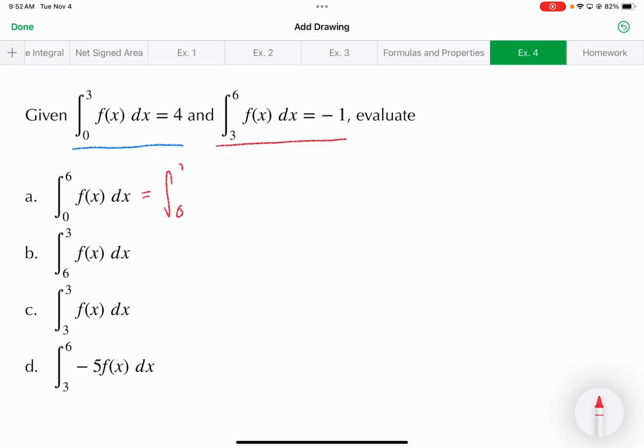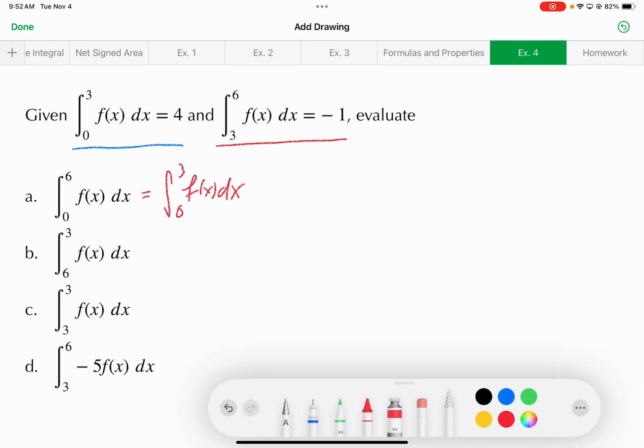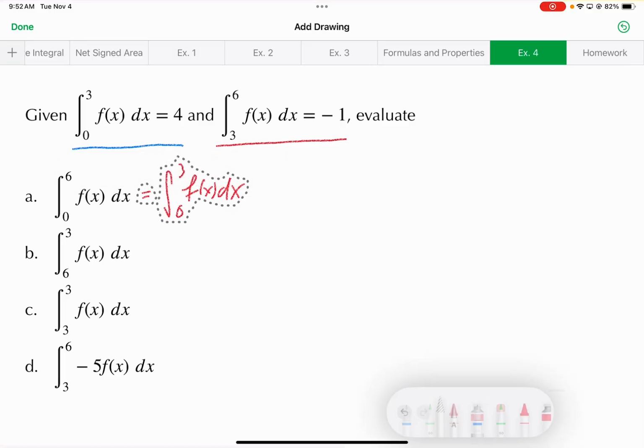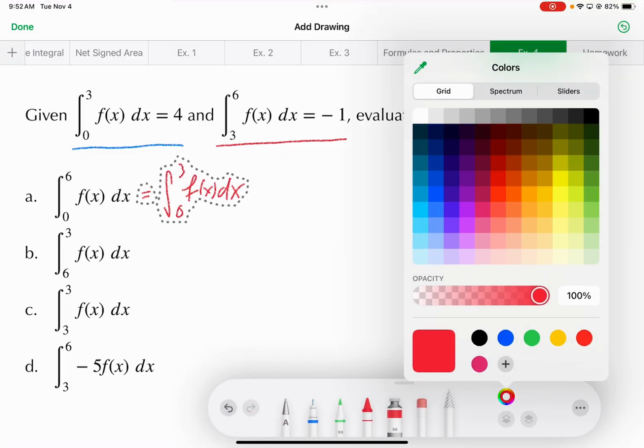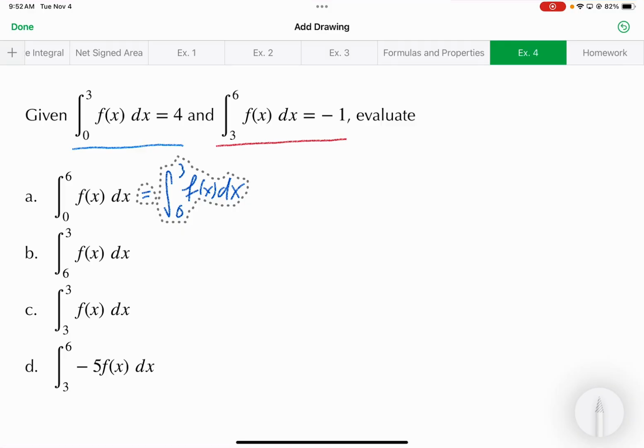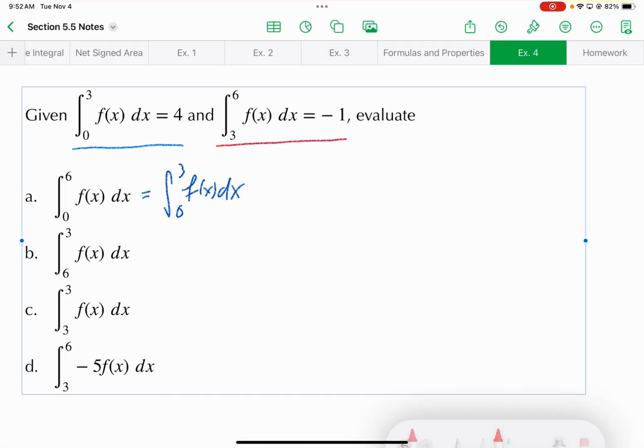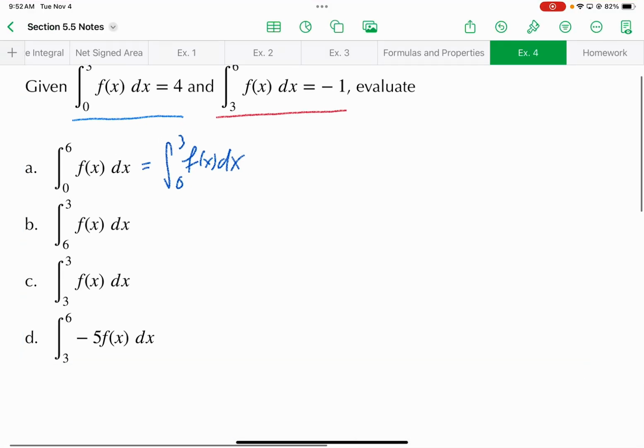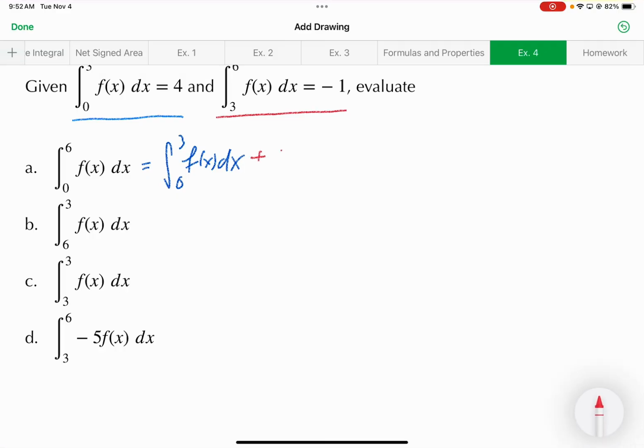So it'd be the integral from 0 to 3 of f of x dx, sorry, let's write that in blue because I underlined it in blue, and then plus the integral from 3 to 6 of f of x dx, which is just going to give me 4 plus negative 1, giving me a value of 3.